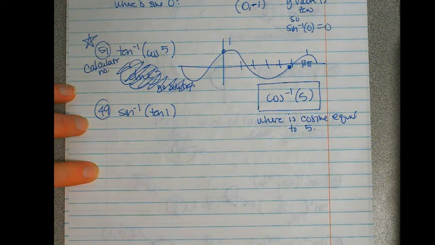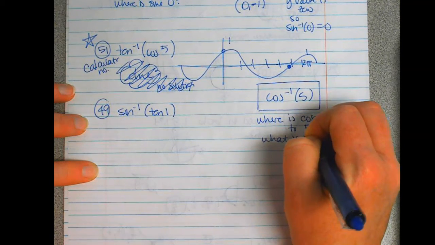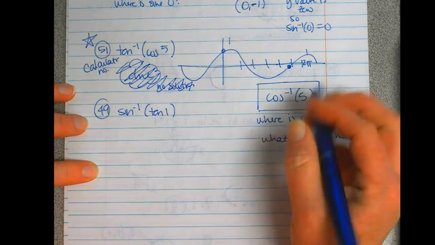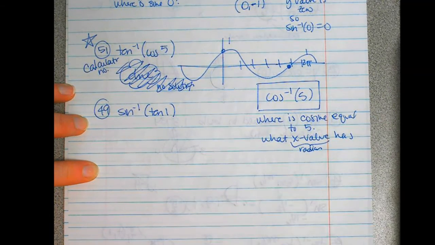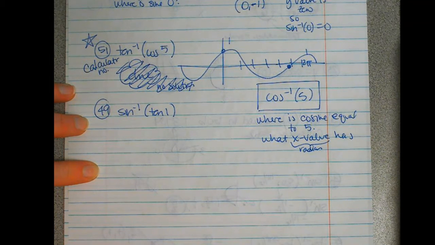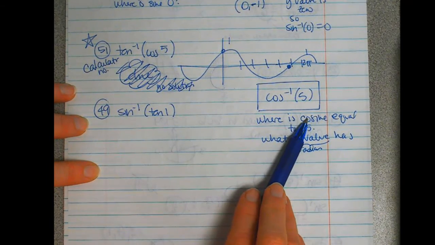What x value, and by x value I mean radian, has... What do y'all need? What questions do you have? Because I'm trying really hard to undo my confusion from before. All right. So what x value or what radian is cosine equal to 5?